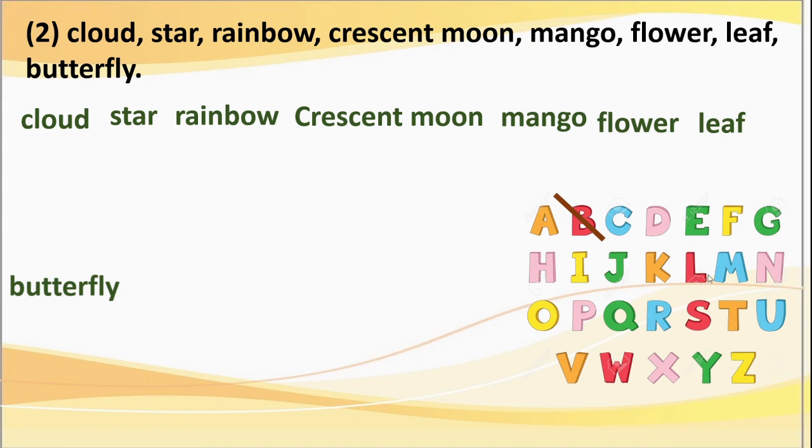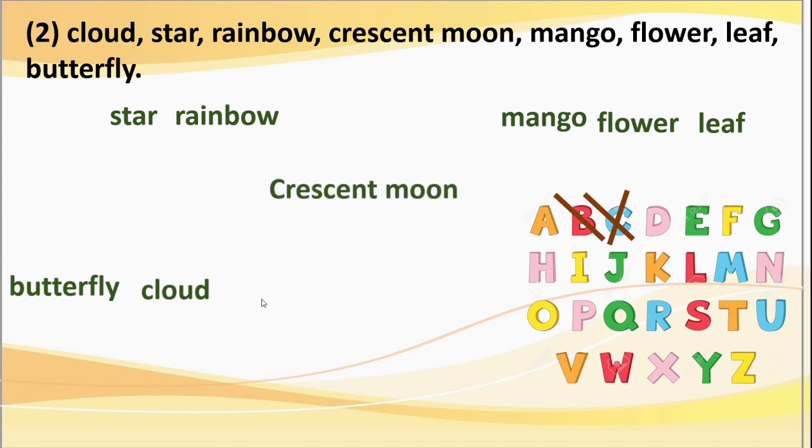This comes first and R comes later. So we have to write first cloud. Okay, we will cut C once and we will write cloud here first. Then we will cut C again and we will write crescent moon next to the cloud. Got this? Yes. Is that clear?